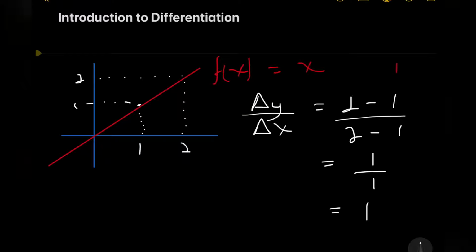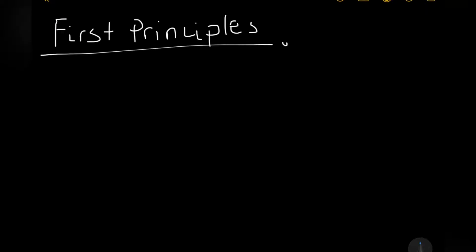So let's take a more detailed look at why the derivative of x is equal to 1 using what is called first principle. So first principles is a series of steps that we take to prove our derivatives. The first step in first principles is to identify our function.